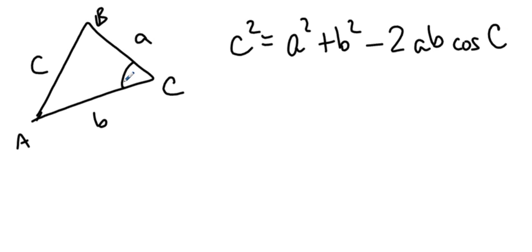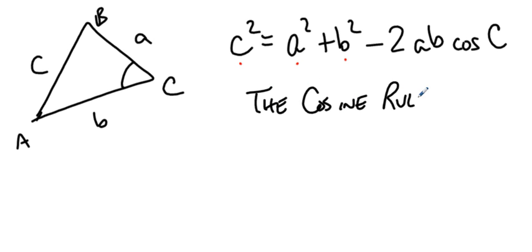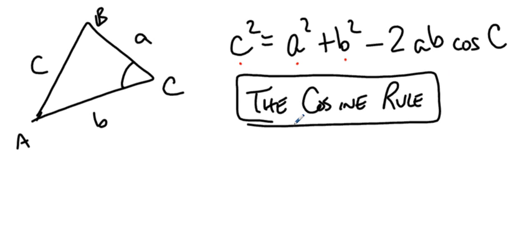So when I focus my problem on this angle, and I know information about all three sides, if I've got all three sides and an angle, then the cosine rule is the way to go. This is the cosine rule, or the law of cosines.